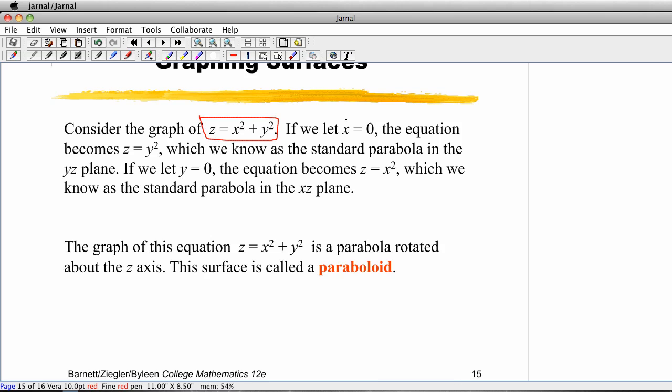And then for each one, you're going to use the formula that's given to calculate how high up to draw a point. So for example, if I walked out to the point x equals 1, y equals 2, the equation tells me that I should draw the z value at 1 squared plus 2 squared. So that would be 5.